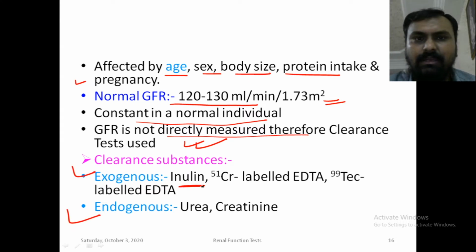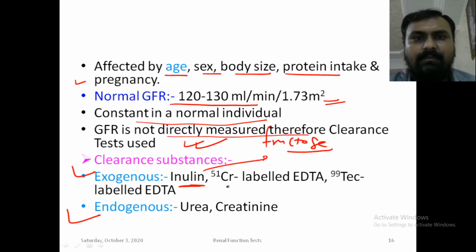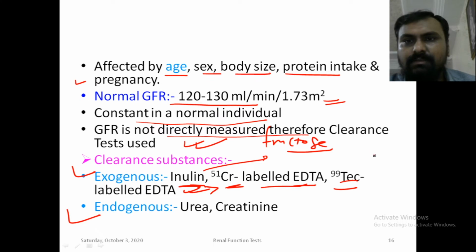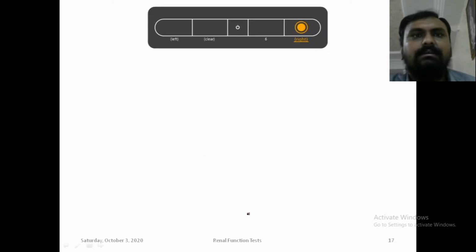Exogenous may be inulin, which is a polymer of fructose, then chromium-51 labeled EDTA or technetium labeled EDTA. All these substances we can give exogenously, by IV, and measure the GFR, or we can measure endogenously produced substances, that is urea and creatinine.